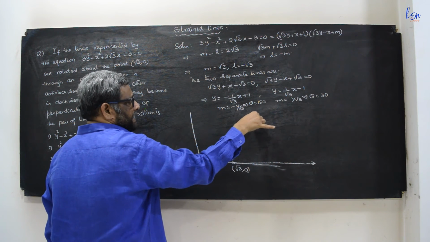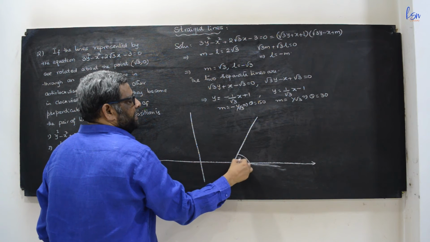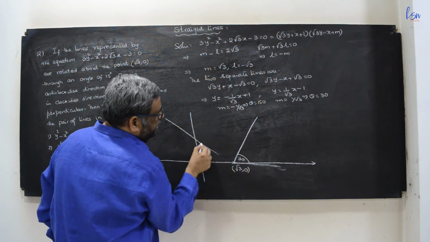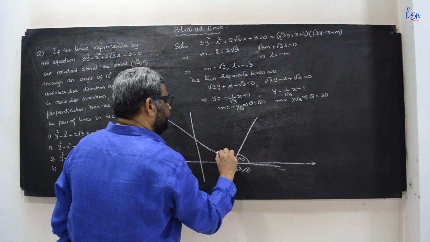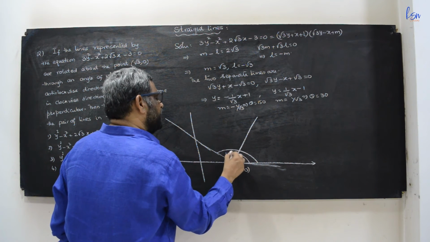So one line is making an angle 30 degrees and the other line is making an angle 150 degrees.